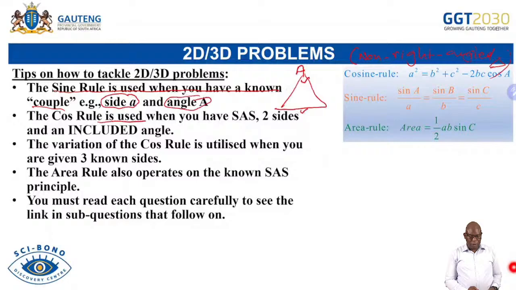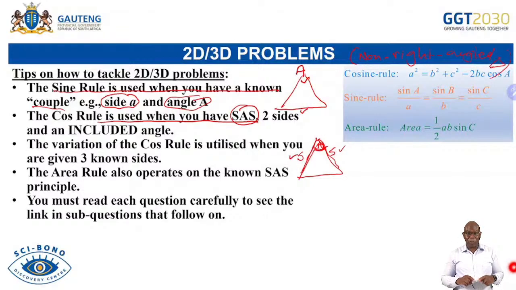The cos rule is used when you have SAS. In other words, with the cos rule you must have a side, the angle, and a side. So the angle must be in between the two sides.